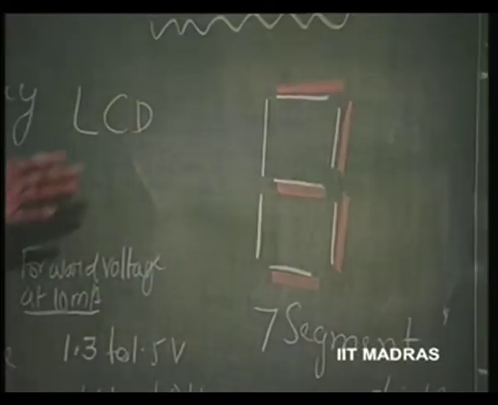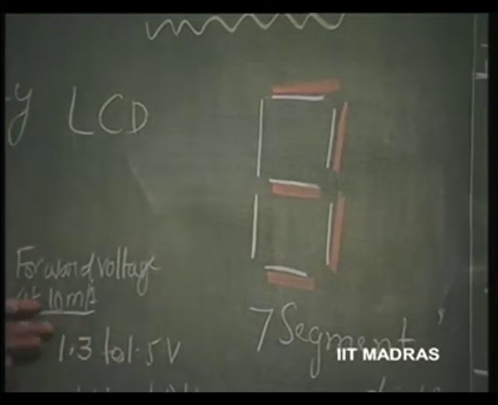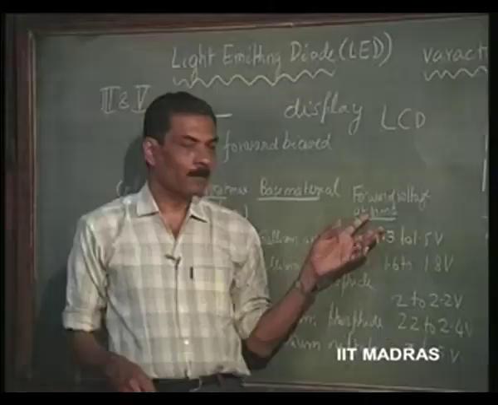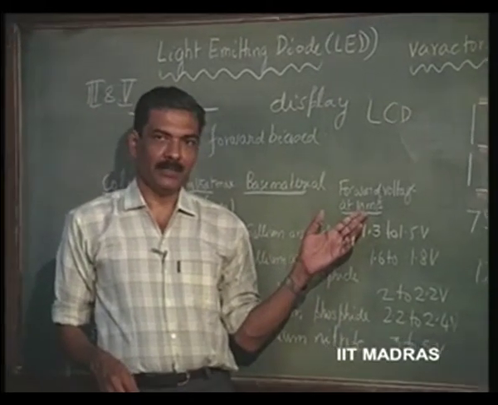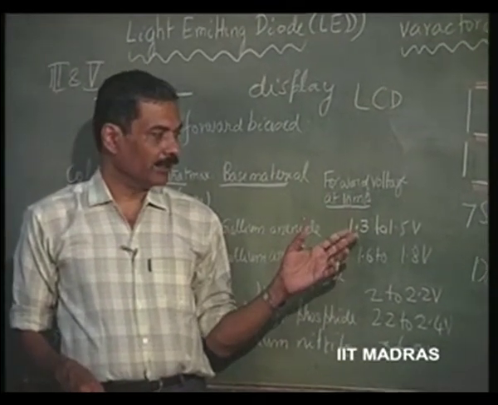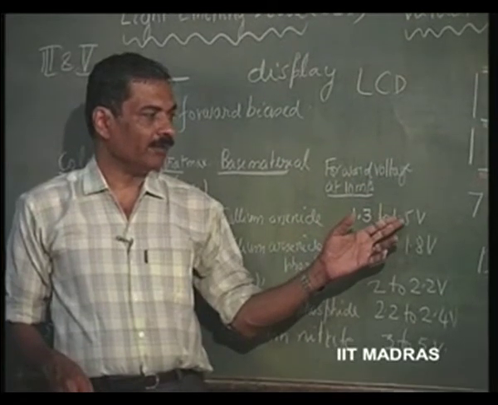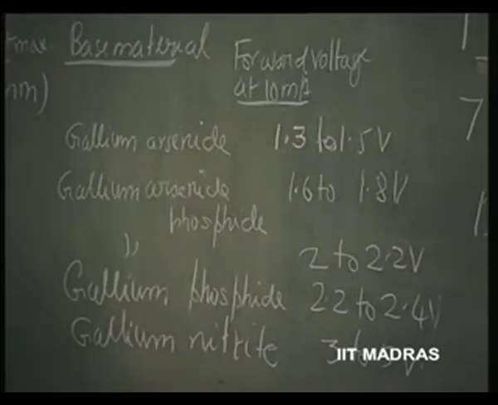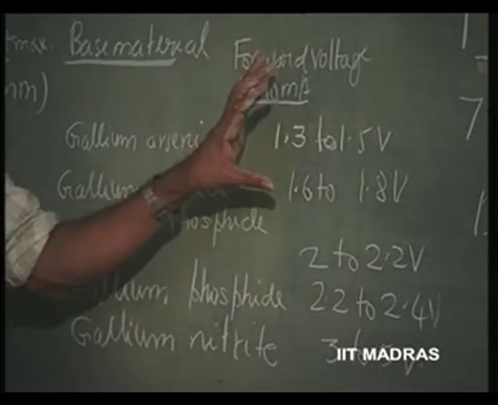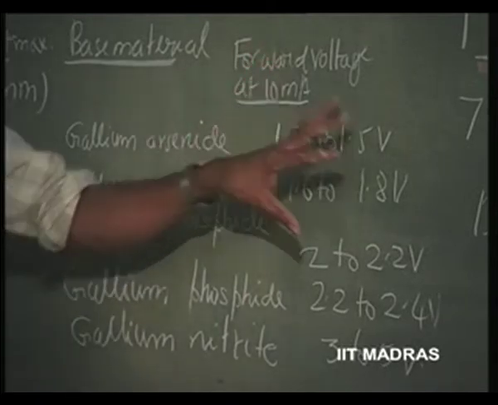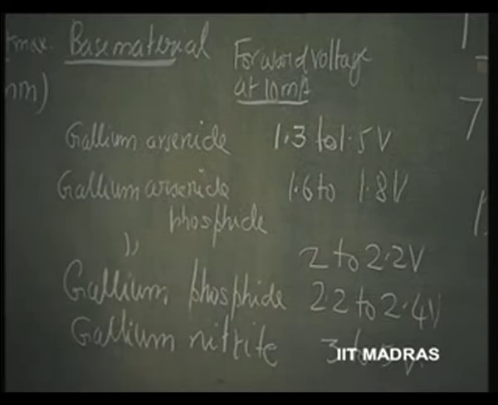However, primarily the reason is you can see the amount of power dissipated, 10 milliamperes into let us say 1.5 volts is going to be 15 milliwatts, just to sustain an LED. So, it consumes too much power.